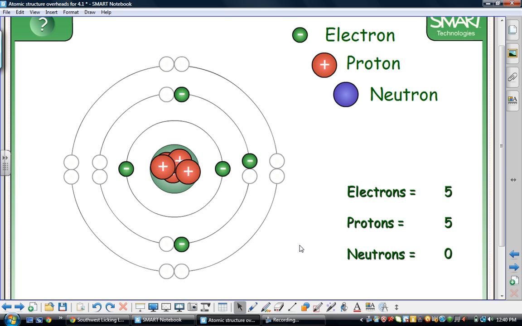Alright, well, let's say that it's got more. Let's say that we've got, say, 11 protons. So let's ramp this up a little bit. Now I've got 11 protons, so we need a total of 11 electrons. So let's fill these up.